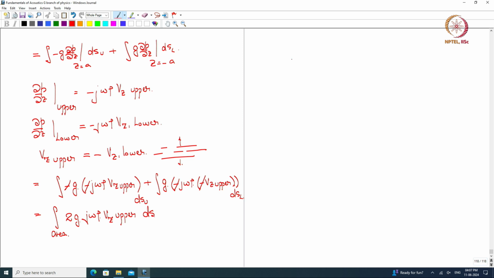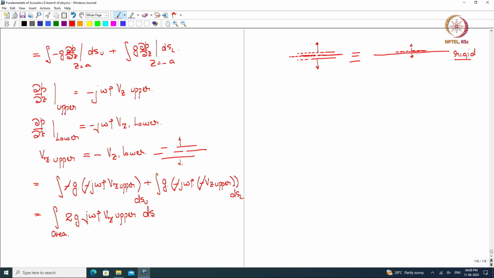Okay. So, if I have a situation like this, where I have a radiator close to an imaginary surface oscillating and another oscillating below the imaginary surface symmetrically, then that is equivalent first of all to an infinite rigid wall on which there is a single radiator sitting and oscillating.